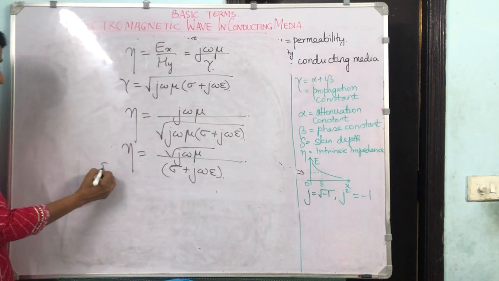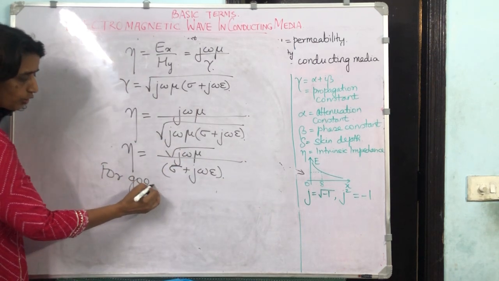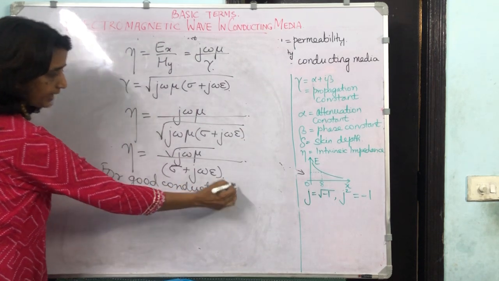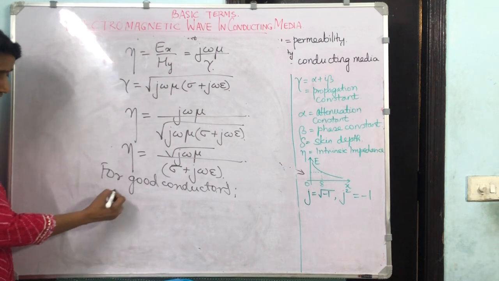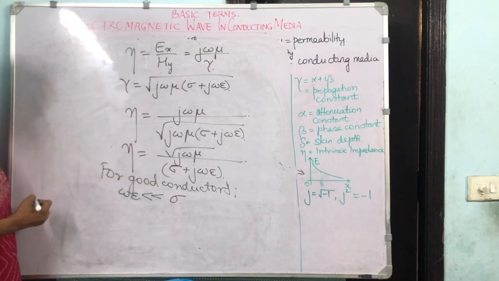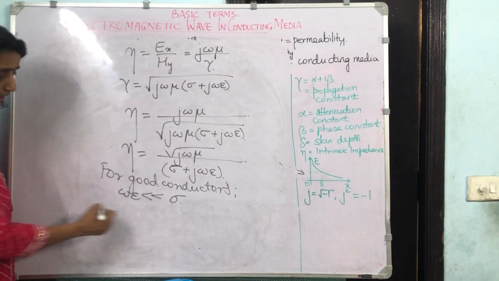For good conductors, because we are studying electromagnetic waves for good conductors, omega epsilon is very much less than the conductivity.